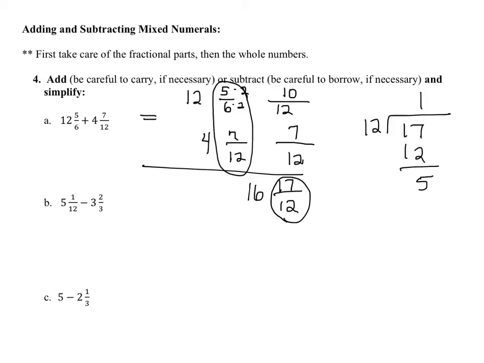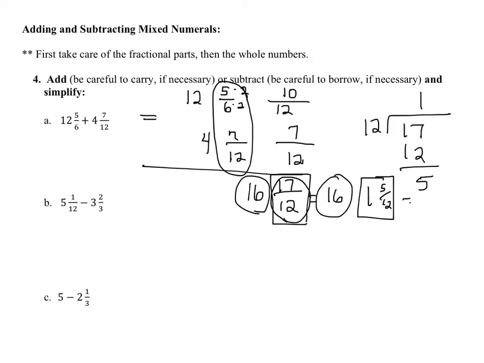So I'm not worrying about the 16. We're just worrying about this. So 17/12 is really 1 and 5/12. But I still have my 16, right? So altogether I have 17 Hershey bars and 5/12 of another one. Now you're saying, this is super long. It is a long process, but you can do it.